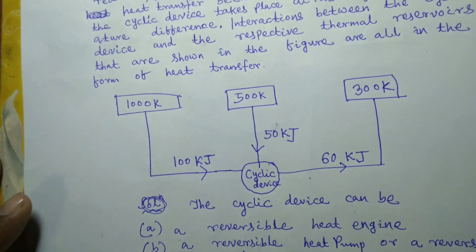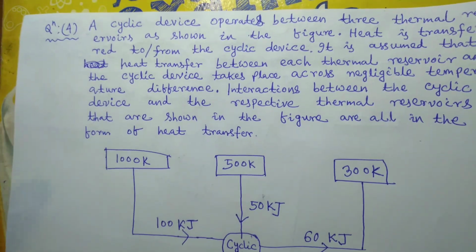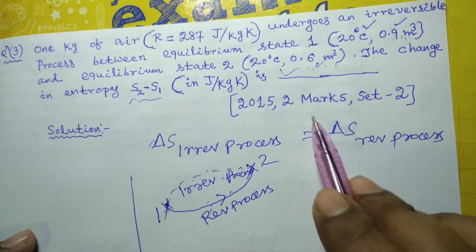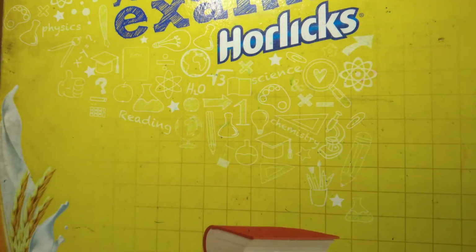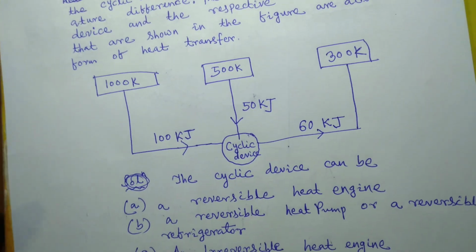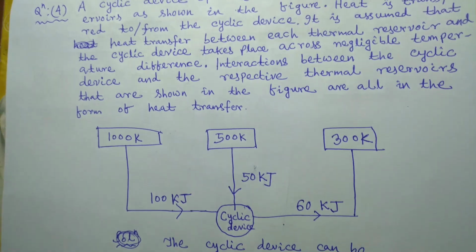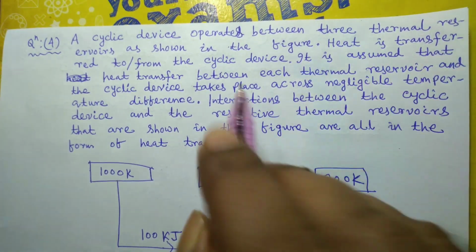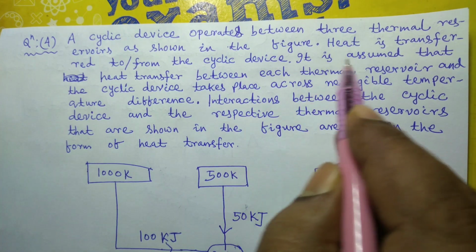So next question is like this, question number 4. In fact, question number 3 was asked in 2015 and it carries 2 marks. A cyclic device operates between 3 thermal reservoirs as shown in the figure.